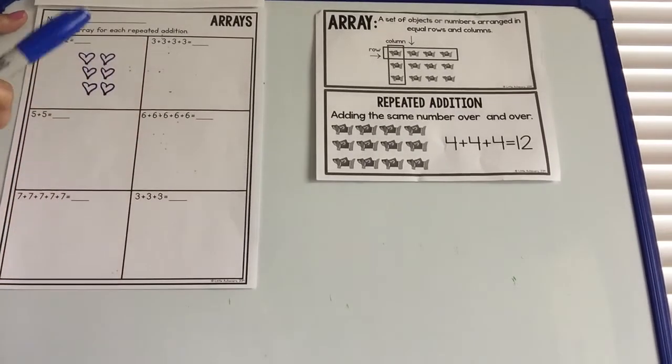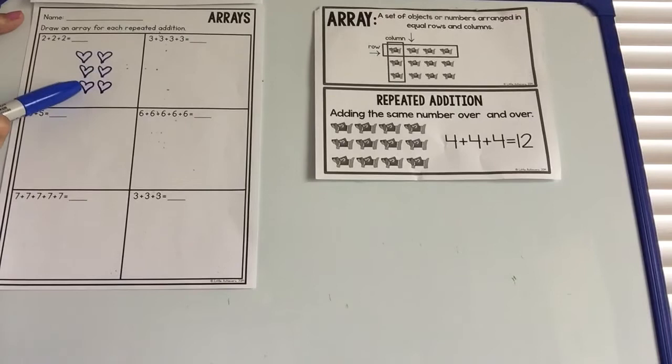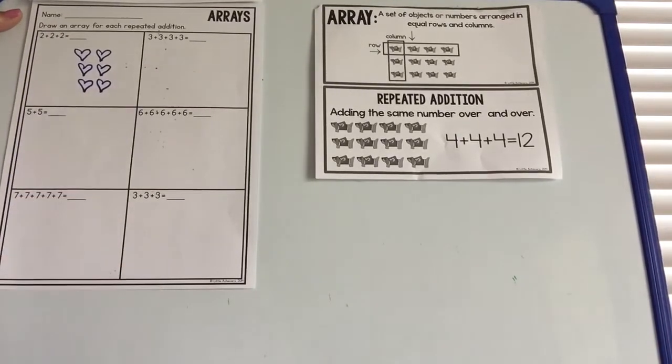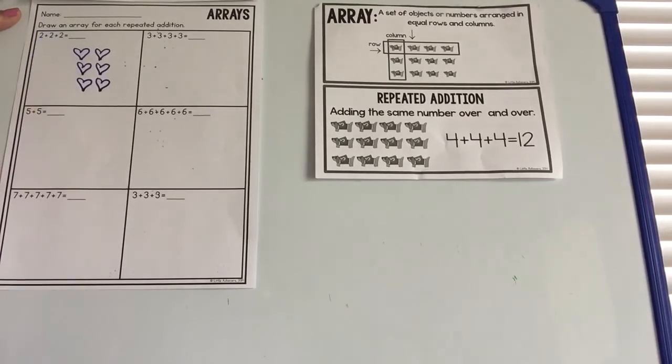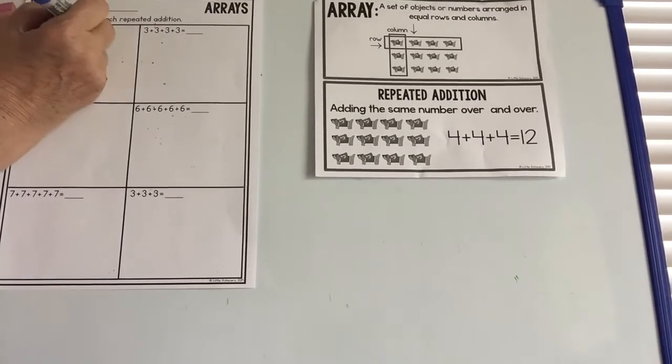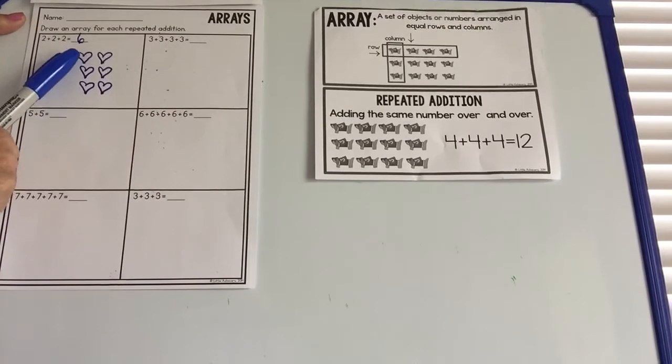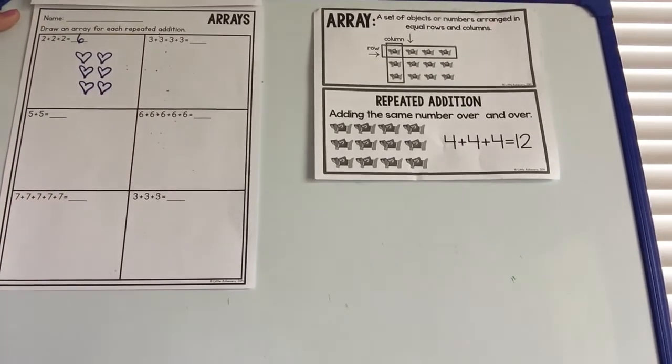How many rows do I have? 1, 2, 3. How many columns? 1, 2 columns. 2 plus 2 plus 2 equals, that's right, 6. 2, 4, 6. That was fun.